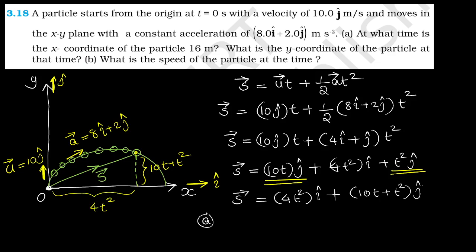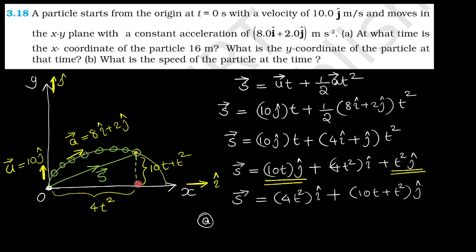The first question says that at what time is the x coordinate of the particle 16 meter? I mean x coordinate means 4t square, right? The displacement is S. What is the x coordinate of the displacement? The x coordinate of the displacement is 4t square.